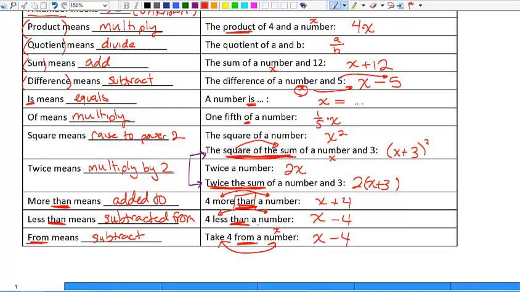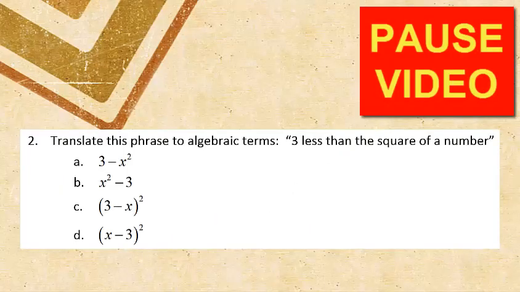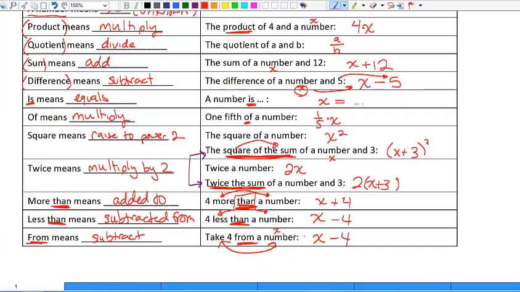So from switches the order and than switches the order. So hopefully that English to algebra translation will help you when we do our word problems in a minute.